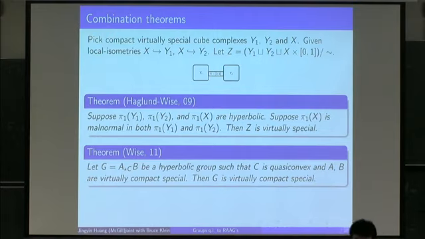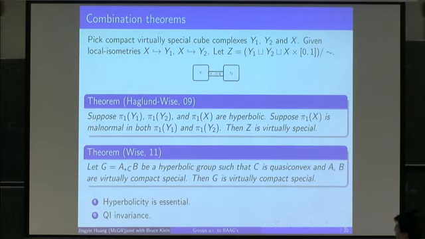But perhaps you have already seen that we cannot use them directly. The main point is that hyperbolicity is essential in these two theorems, and without hyperbolicity there are counterexamples. So we cannot just use them directly, and we also have to take care of QI invariance, because after all, we want to say something about a group quasi-isometric to a RAAG.